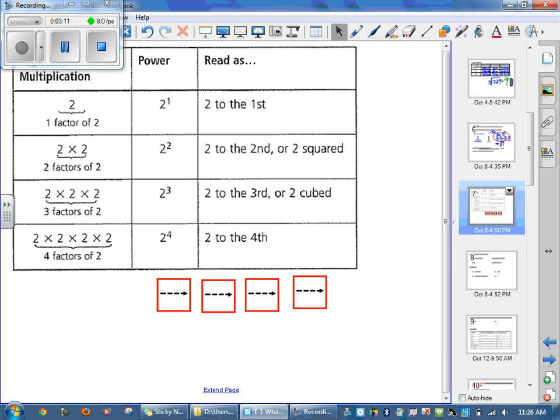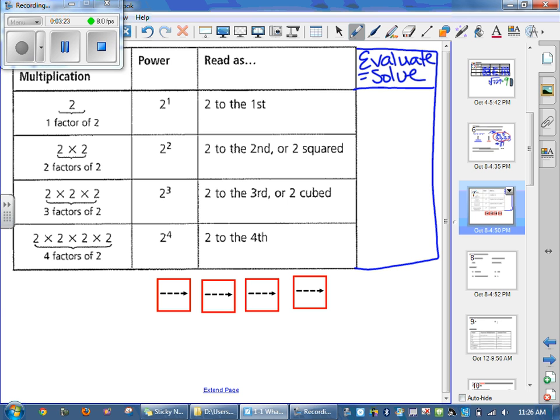Now, if I said evaluate, that means solve. Well, 2 to the 1st power is just equal to 2. What is 2 squared equal to? 4, because I would take 2 times 2, so that is equal to 4.